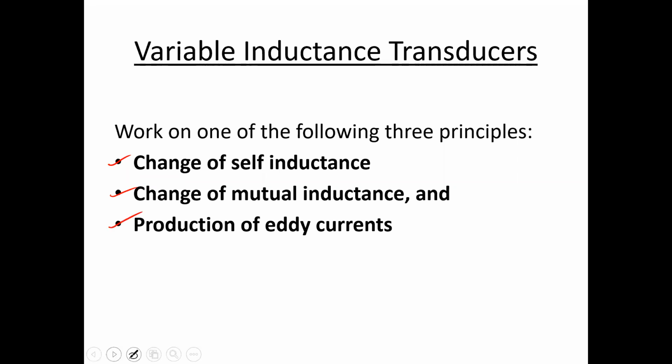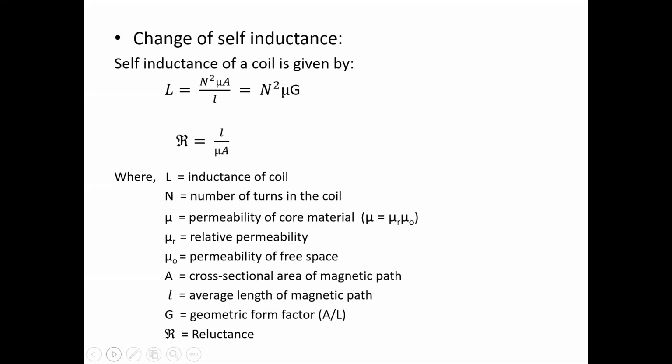So if we focus on how an inductive transducer can be established or formulated with respect to the variation of self-inductance, then we can focus on the relation of self-inductance that is shown over here. In this expression, the capital N indicates the number of turns in an inductive coil.